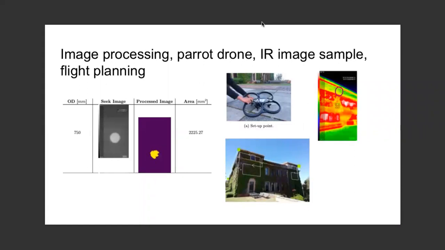Now, infrared radiation is also emitted by any hot bodies. So basically, the heat signature or the amount of hotness of an object is represented by how it looks in its infrared image. So infrared image captures the hotness of an object.